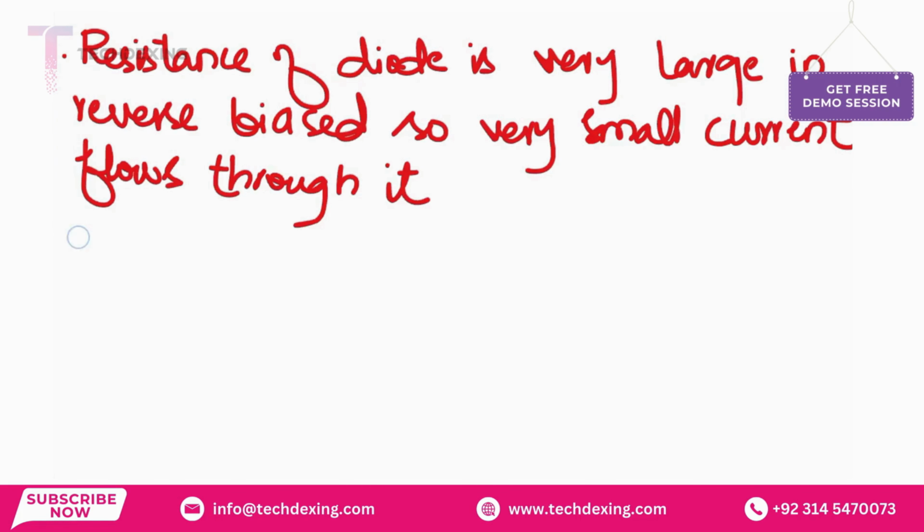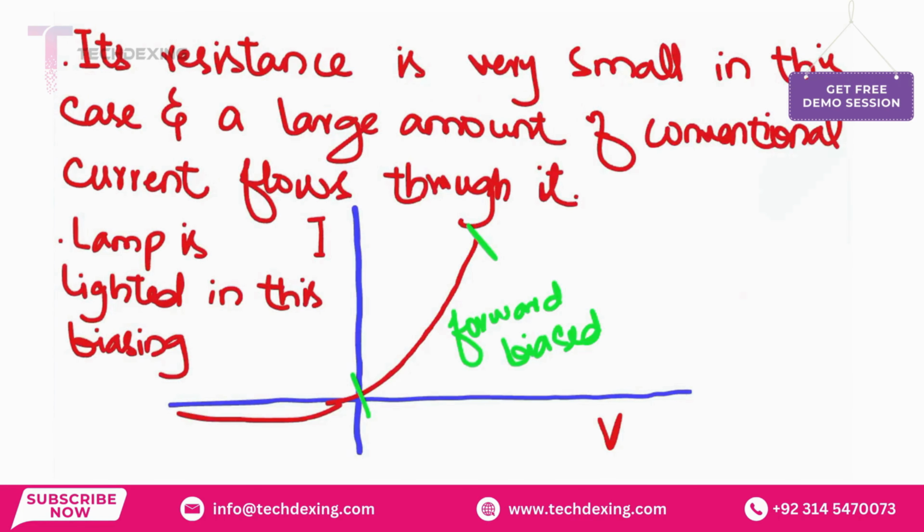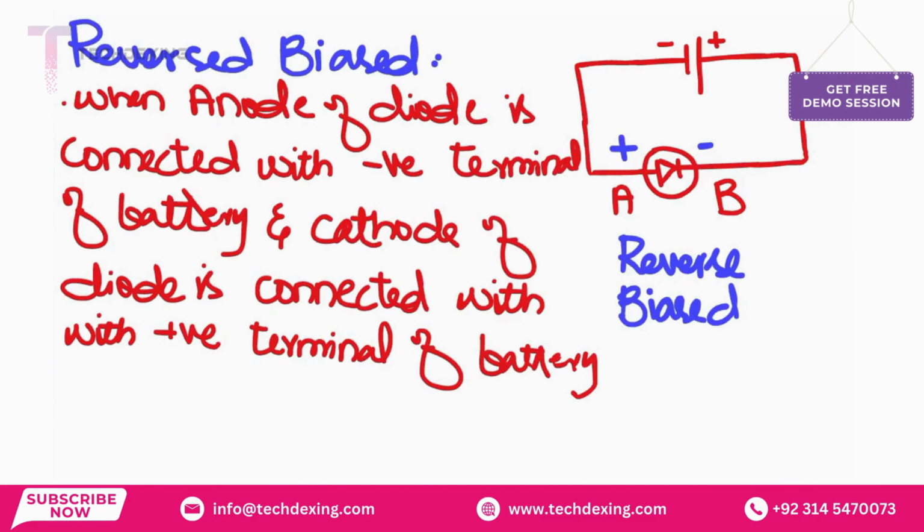So jump to the previous slide. If we talk about the flow of the conventional current, can you tell me from where the conventional current would flow in the circuit? You have to tell me about the polarities of the battery.